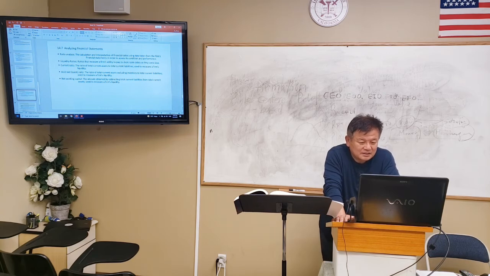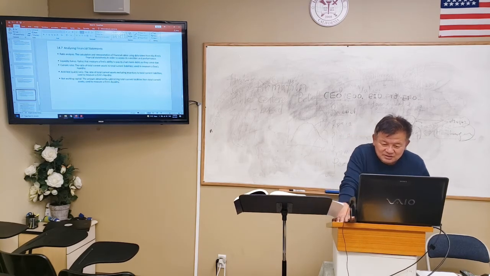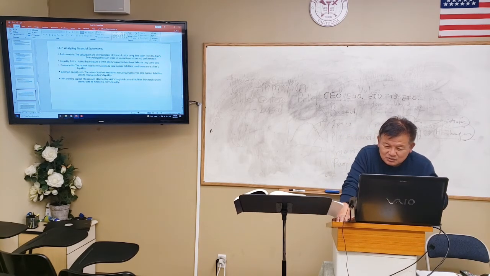Net working capital is the amount obtained by subtracting total current liabilities from total current assets, mostly used to measure a firm's liquidity. Okay, total current assets minus total current liabilities is the net working capital.